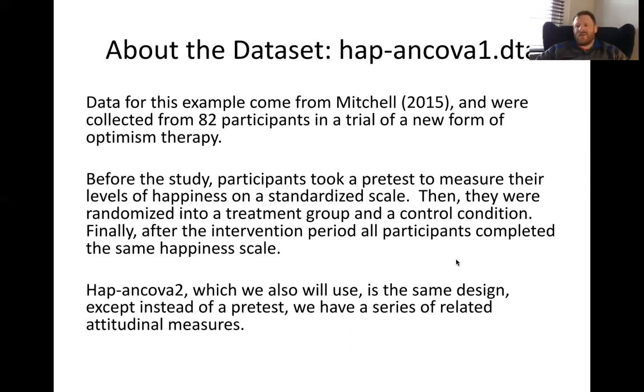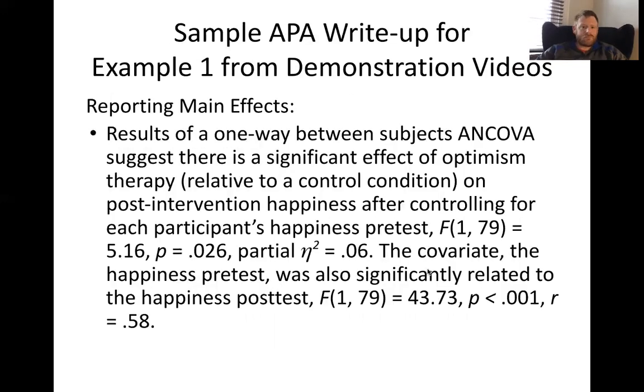What's cool is that in this book, you actually get two versions of this data set. One has a true pre-test and post-test, but in the other, you just have a related measure. I think that's a cool example to show you that you don't always have to have a pre-test. In the situation where you're randomizing to groups, you can have a related measure that can help explain some of that variability too. So we'll look at that example.